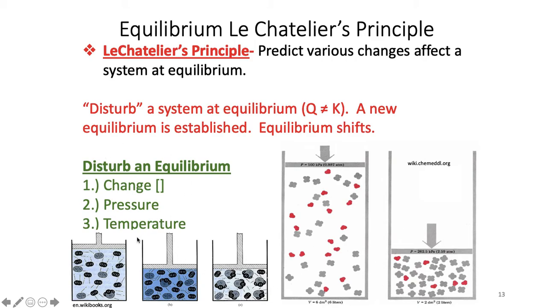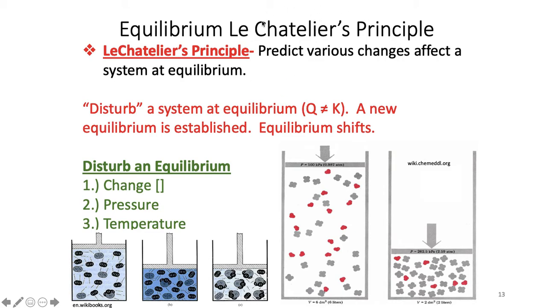I can do a number of different things to disturb a system, but every time I disturb it, a new equilibrium will be established because the equilibrium is going to shift in a particular direction.